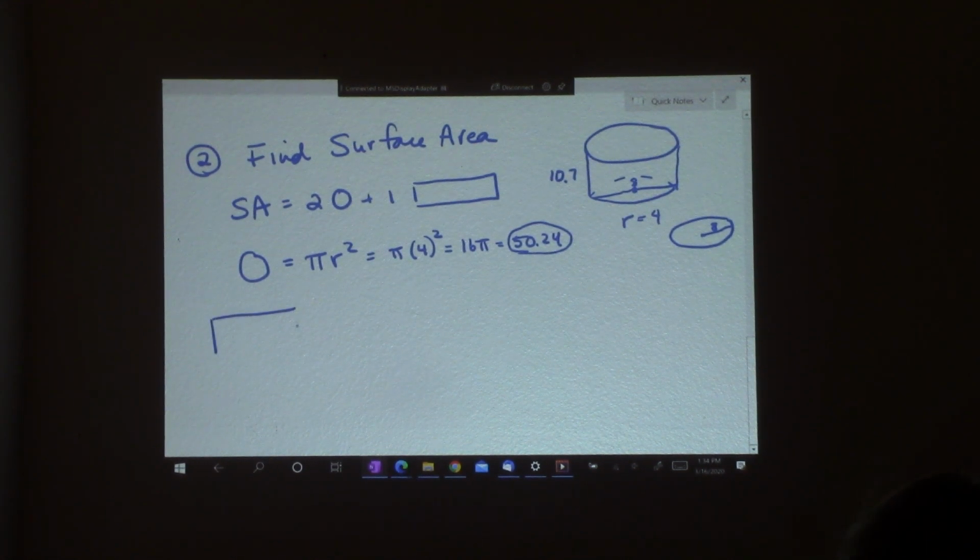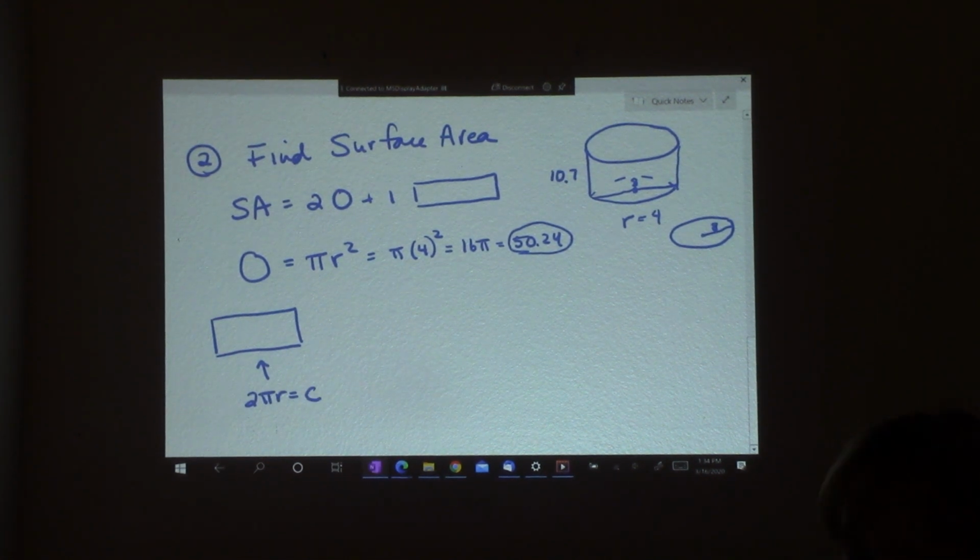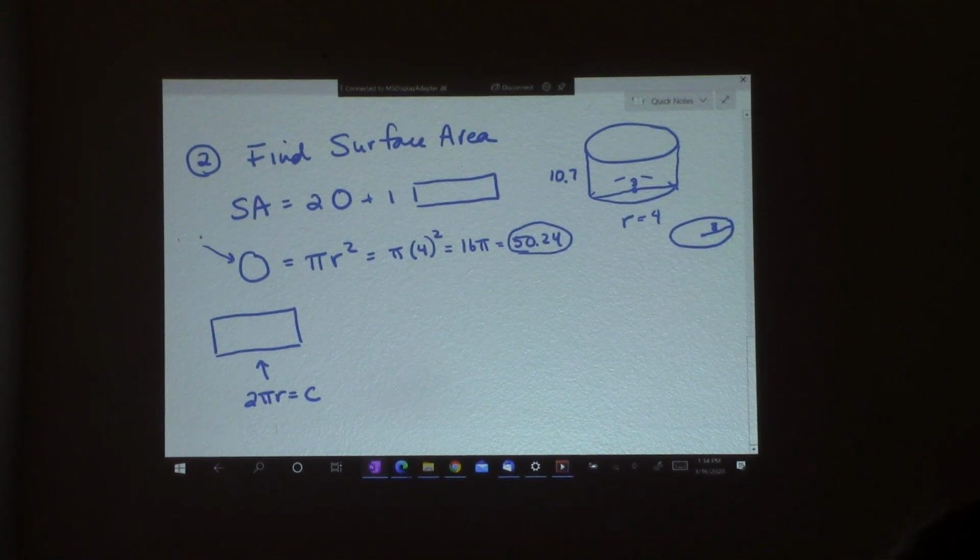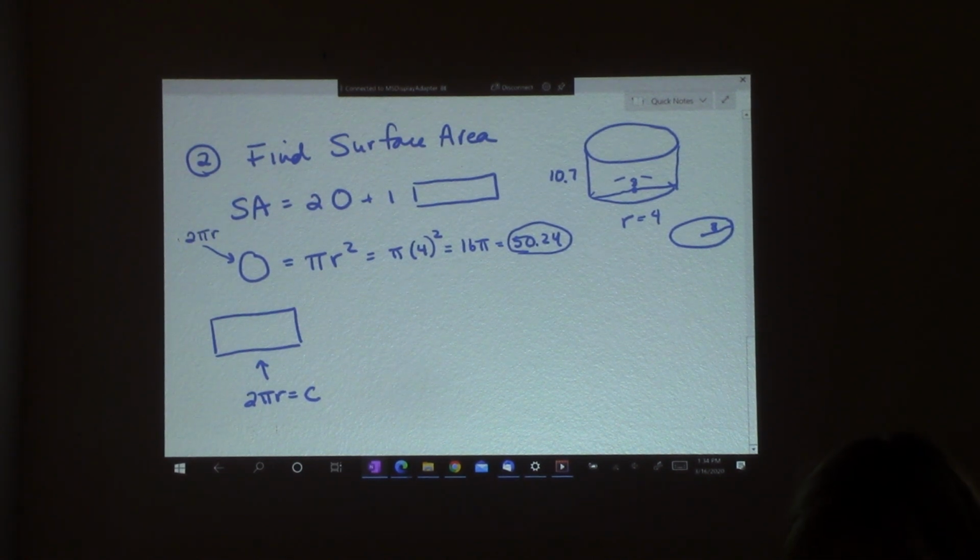Now I'm going to find what's in between. Remember, the base here is going to be 2 pi r, which is my circumference formula all the way around of the circle. Remember that? 2 pi r.